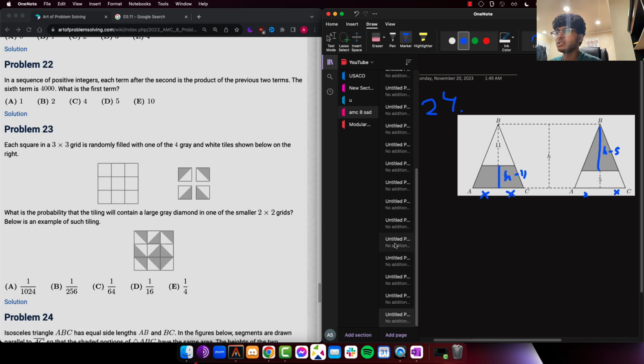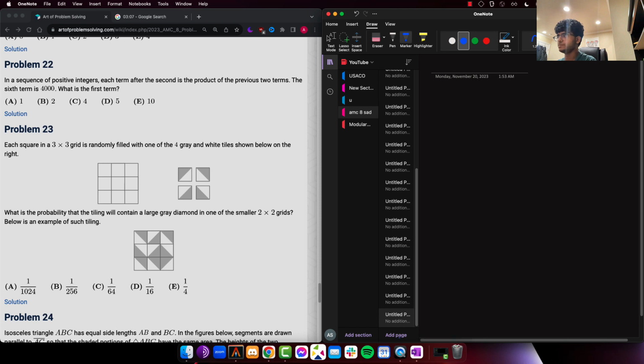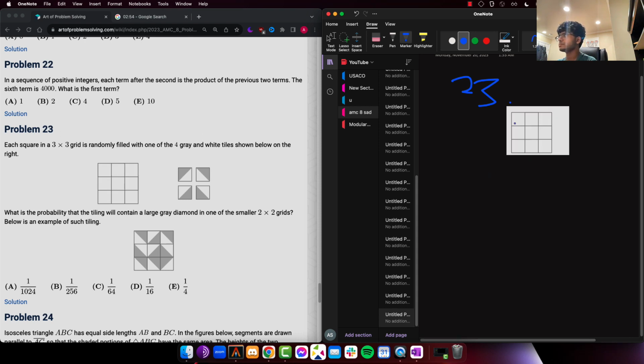Okay, wait. How many 2x2 grids are there in that? It's a different problem. Are there just 3? There should just be 3. Because, okay, those, I mean, no, 4. They're 4 and all of them are the same. So you do 4 times something.